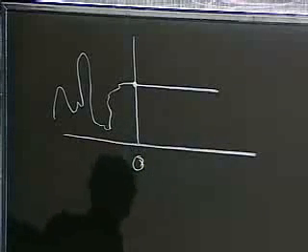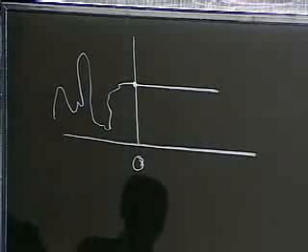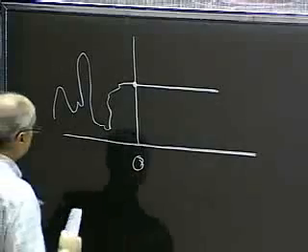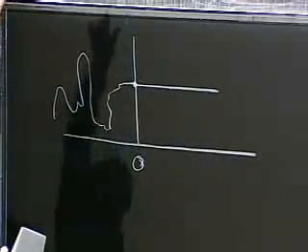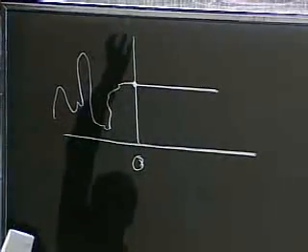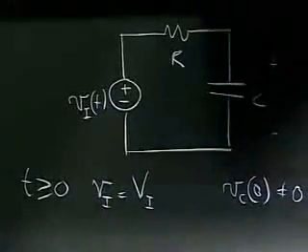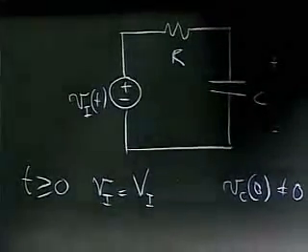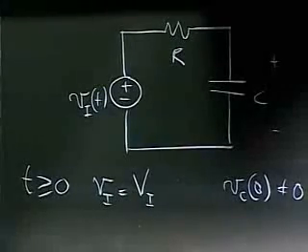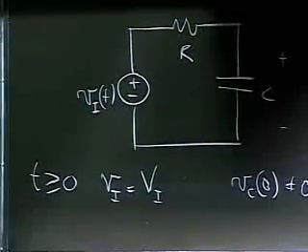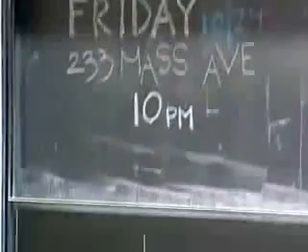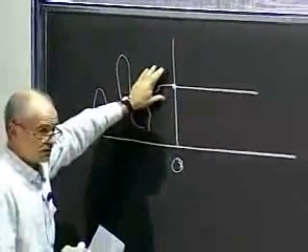Now, there is an implicit statement in that: somehow the network appears like this at t equals 0. So there has to be some switch there, which basically starts my condition at t equals 0.